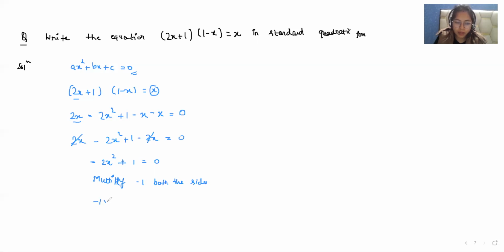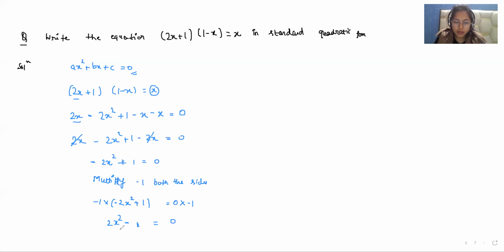So minus 1 multiplies the whole expression, so we'll write the expression in the bracket. Minus times minus is plus, and 1 multiplied by 2x square is 2x square, and minus times plus is minus 1, equals 0. Minus 1 multiplied by 0 is 0. So now it looks like this.